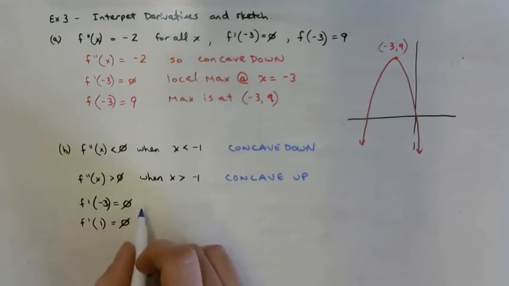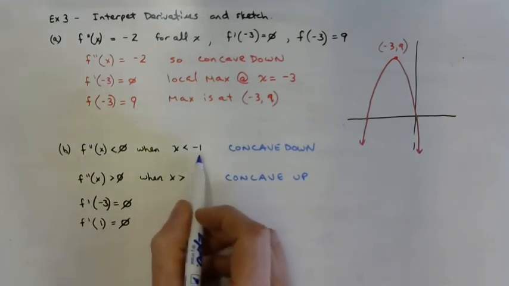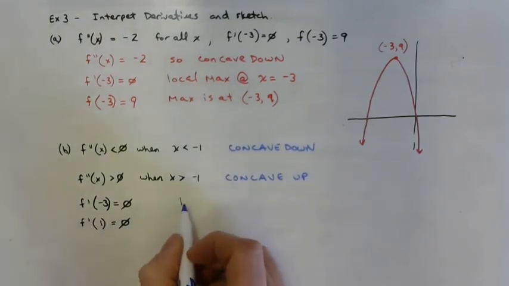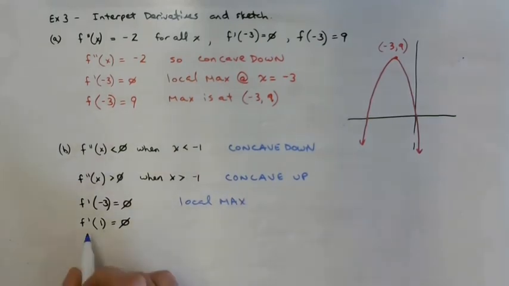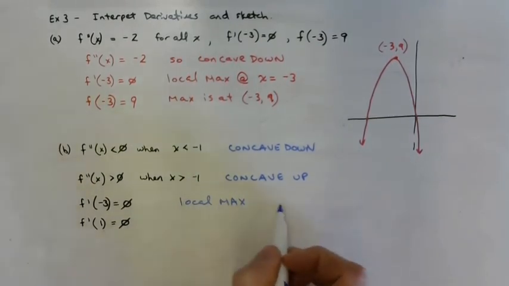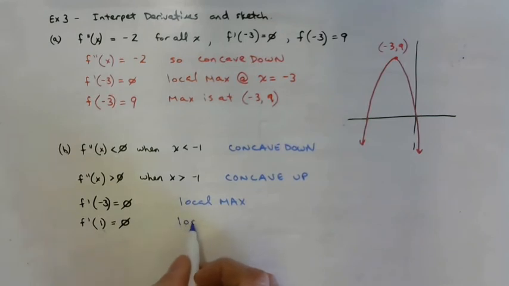And if we look at this, if we're saying that to the left of -1 we're concave down, then that makes this a local max. And to the right of -1 we are concave up, which makes any critical value to the right of -1 a local min.